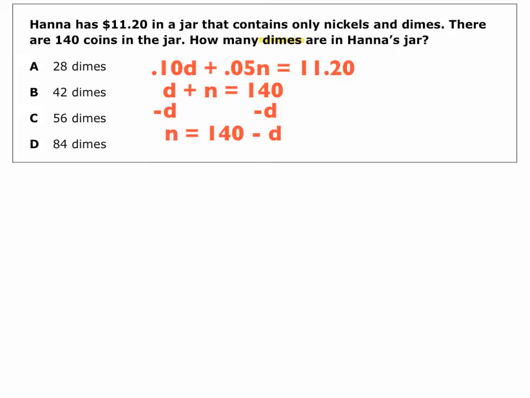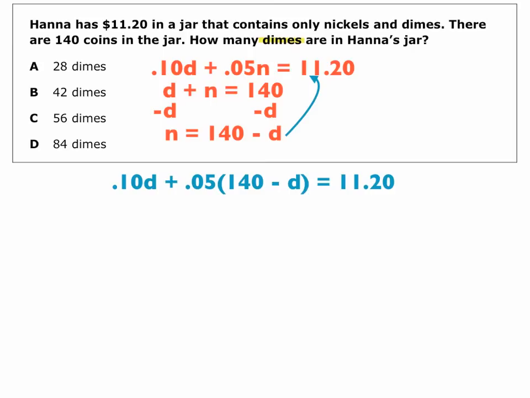So now I'm going to take N equals 140 minus D, and plug in 140 minus D for N in the first equation, which gives me 0.10 D plus 0.05 times (140 minus D) equals $11.20.